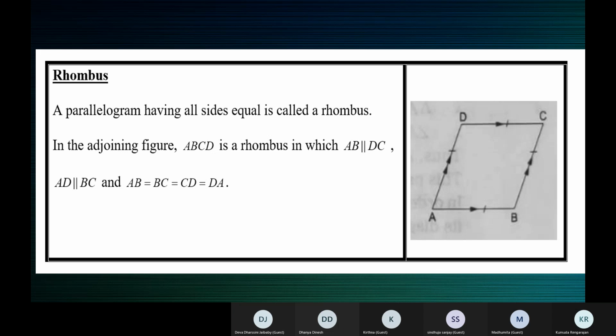First I said all sides equal, then diagonals unequal, next diagonals bisect each other at right angles.